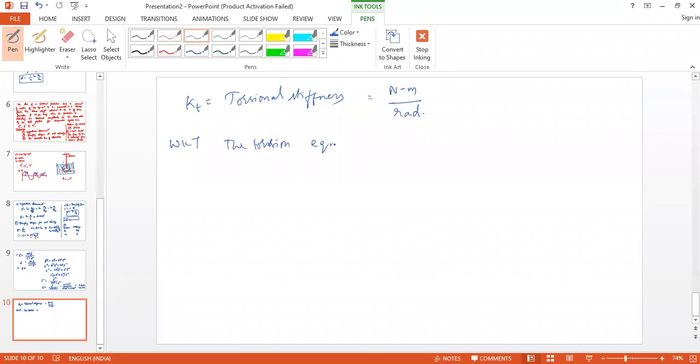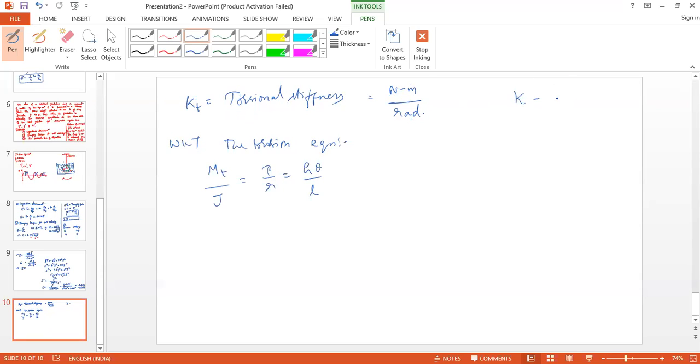What is the torsion equation? Mt by J is equal to tau by R, that is equal to G theta by L. Sir, K unit is Newton per meter or Newton meter, sir? See here, we are talking about torsional stiffness.